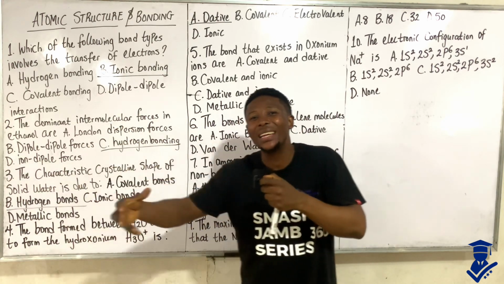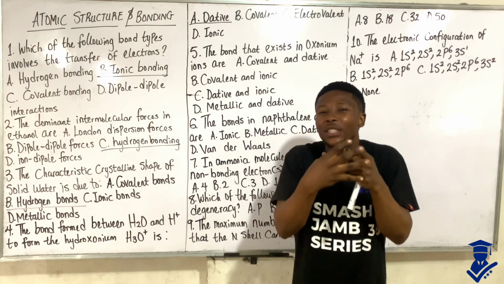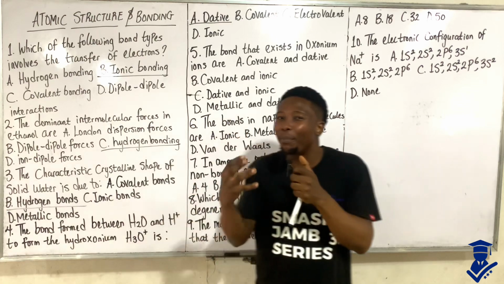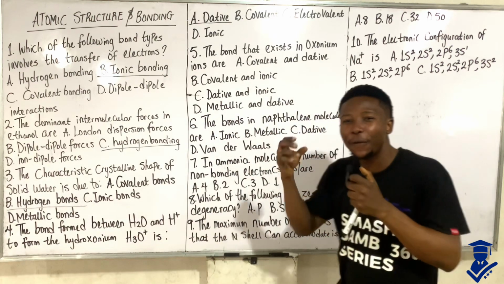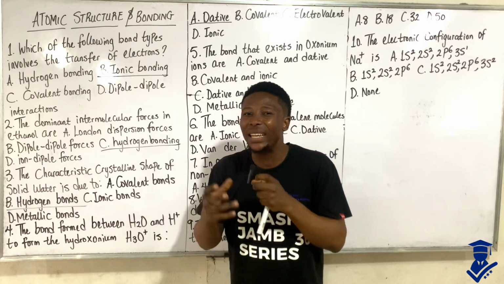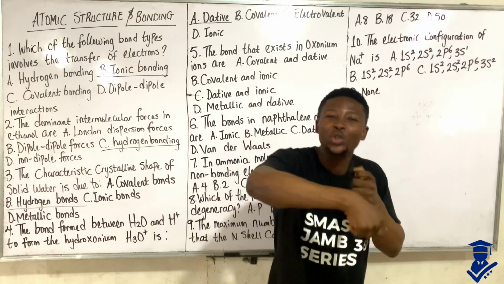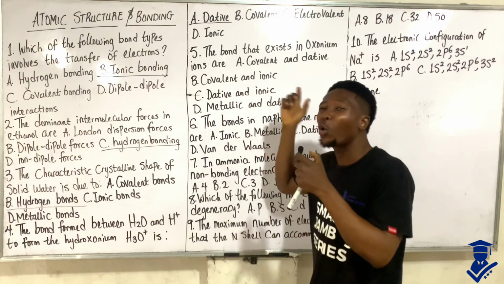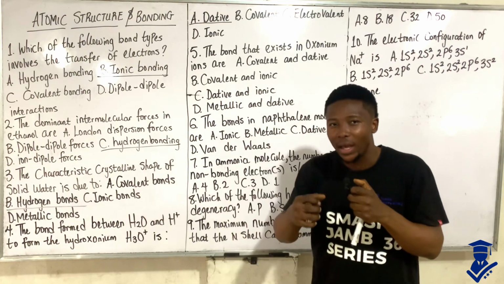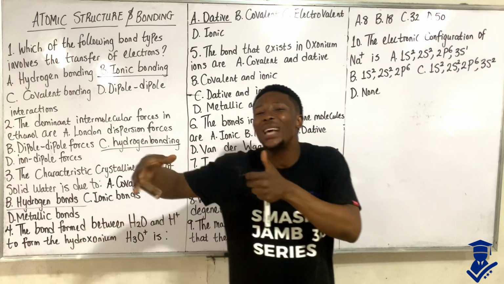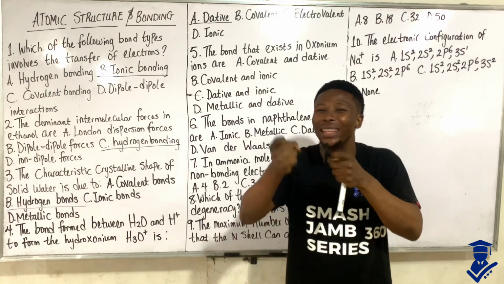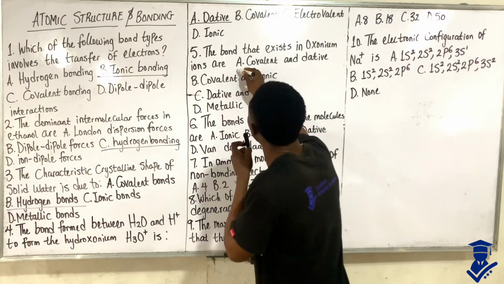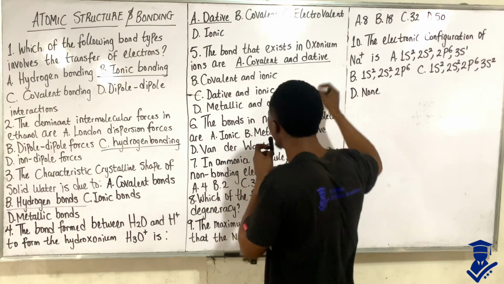Then water and hydrogen ions are bonded by dative bonds. So hydrogen and oxygen are bonded by covalent bonds and form water, then water and the hydrogen ion are held together by dative bonds. So the correct option is option A, covalent and dative bonds.